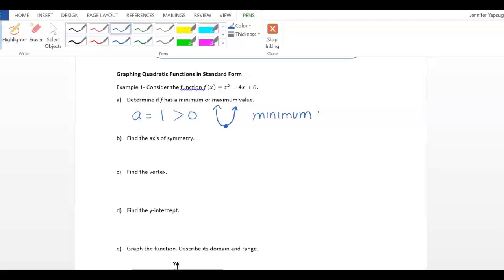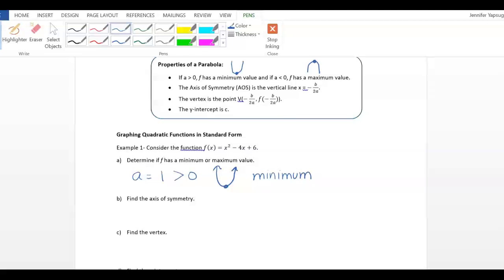Okay, now let's move on to part B. Now we need to find the axis of symmetry. If you recall from the box above, there's a formula that we can use to find the axis of symmetry, which is right here: x equals negative b over 2a.